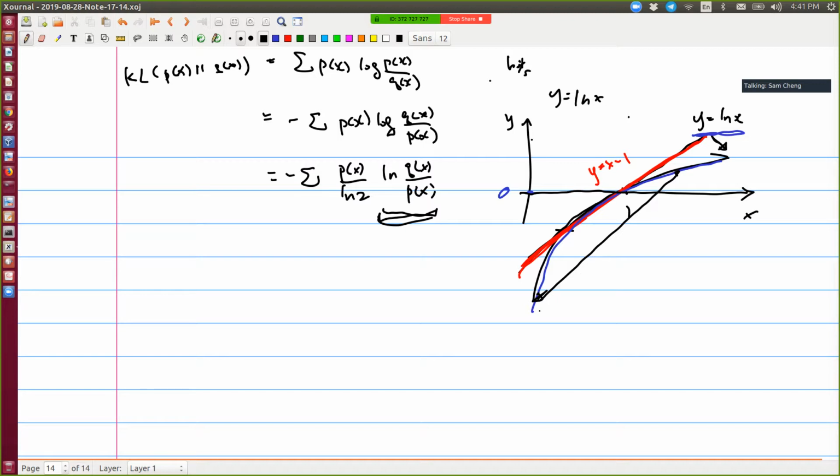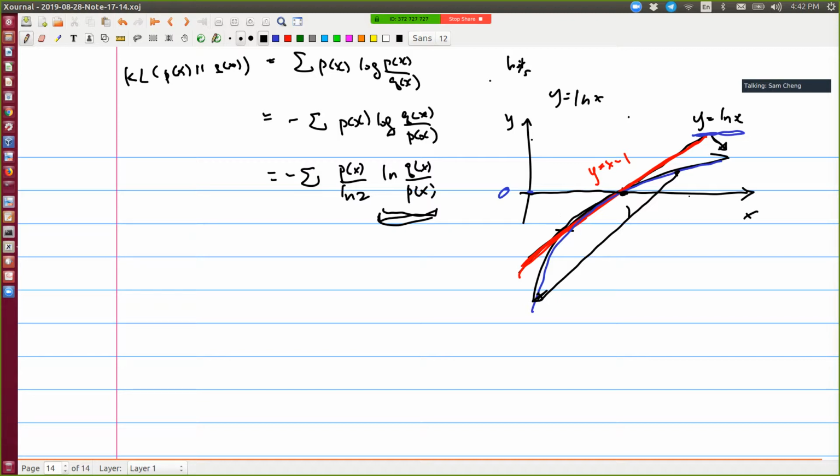So the derivative is continuously decreasing, and if you hit at this point, tangential at this point, there's no way that it is going to hit this line again.